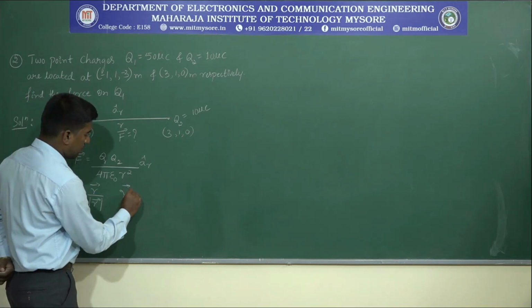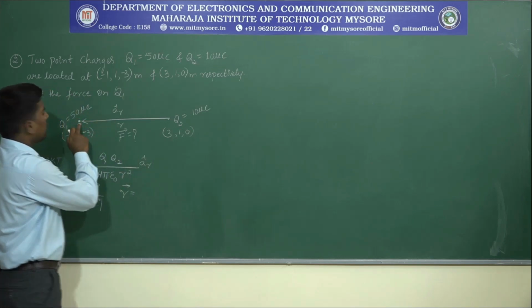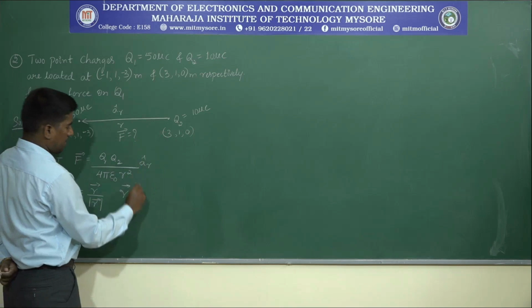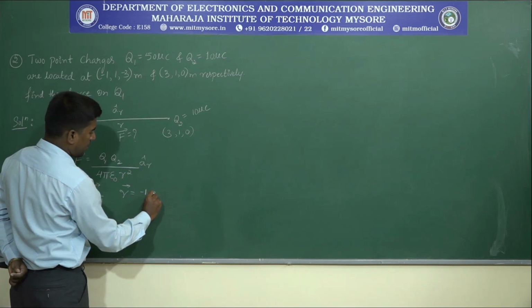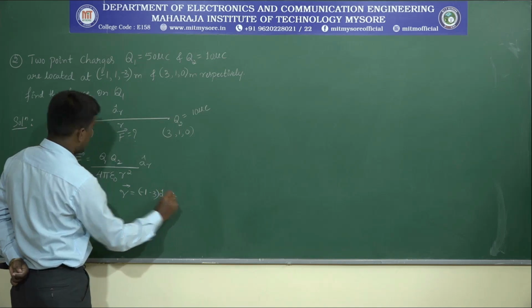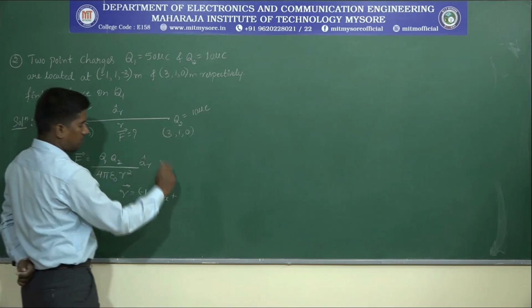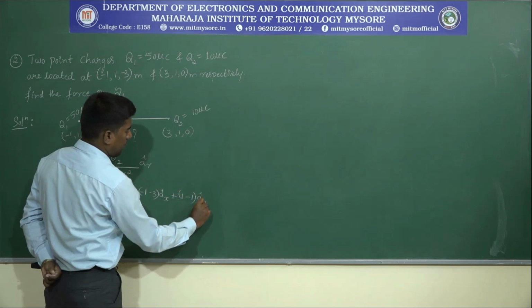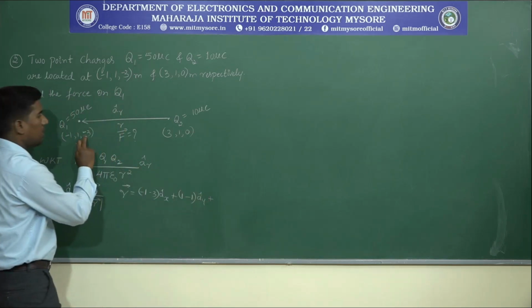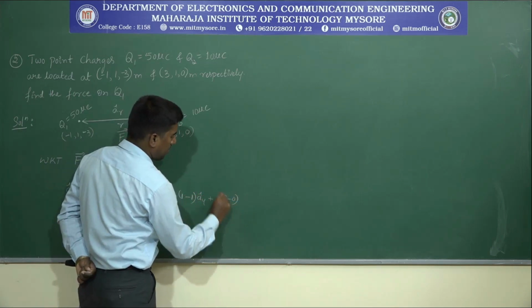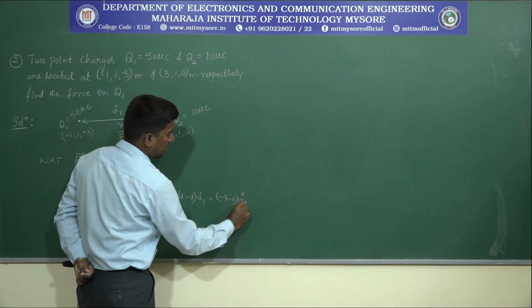Take the distance formula: r is equal to minus 1 minus 3 into a cap x plus 1 minus 1 into a cap y plus minus 3 minus 0 into a cap z.